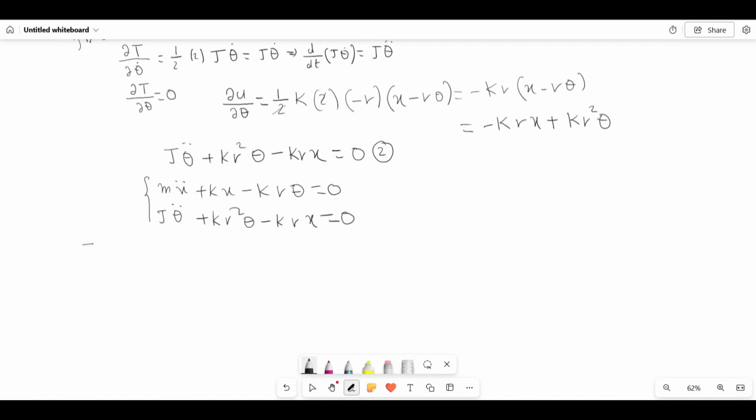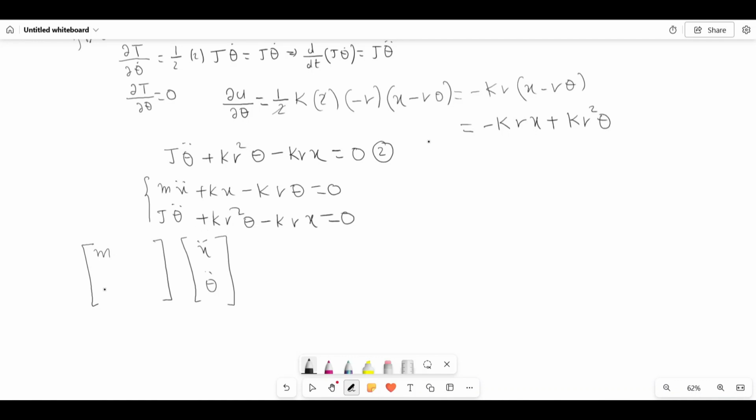Now we have this matrix here in terms of x dot dot and theta dot dot. Let's look at equation 1 here. Do we have any expression where we have x dot dot? Yes, which is m here. At equation 2 here, do we have any expression where we have x dot dot?